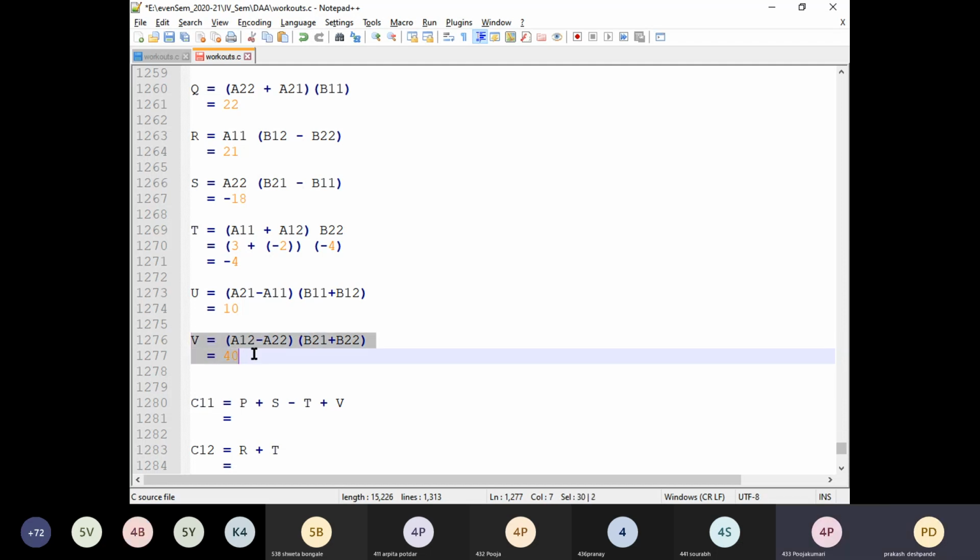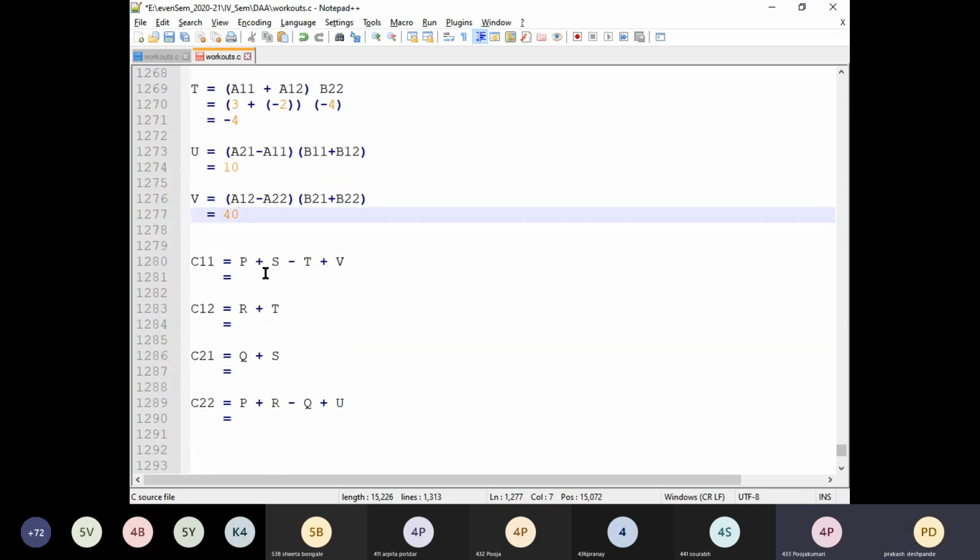Is V equal to 40? Is that correct, sir? Yes, sir. Now quickly tell me the value of C11. 8, sir. 8. C12. 17. 17. C21. 4, sir.